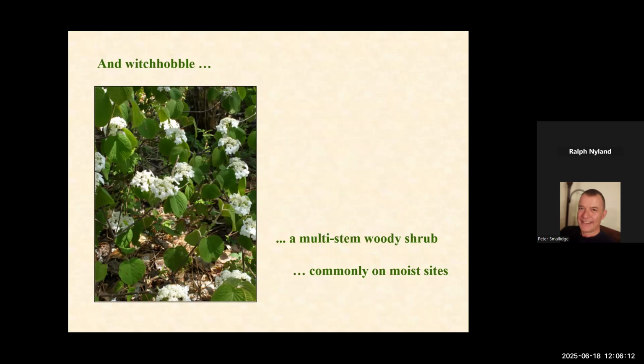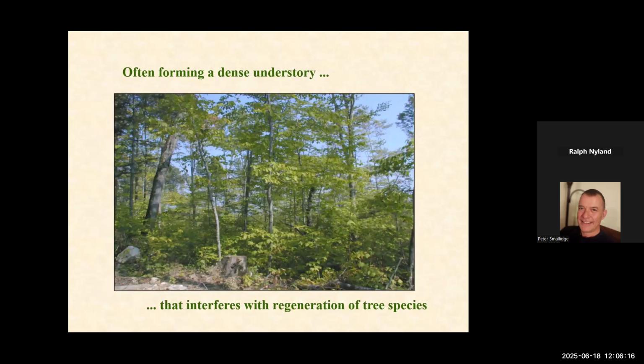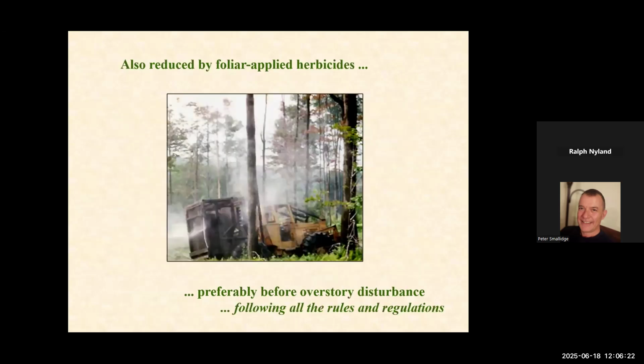Woody shrub comes common on many moist sites, particularly at the higher latitudes, and often forms a dense understory that interferes with regeneration of tree species. You can reduce it by foliar applied herbicides, preferably before overstory disturbance, and again, follow all the rules and regulations.